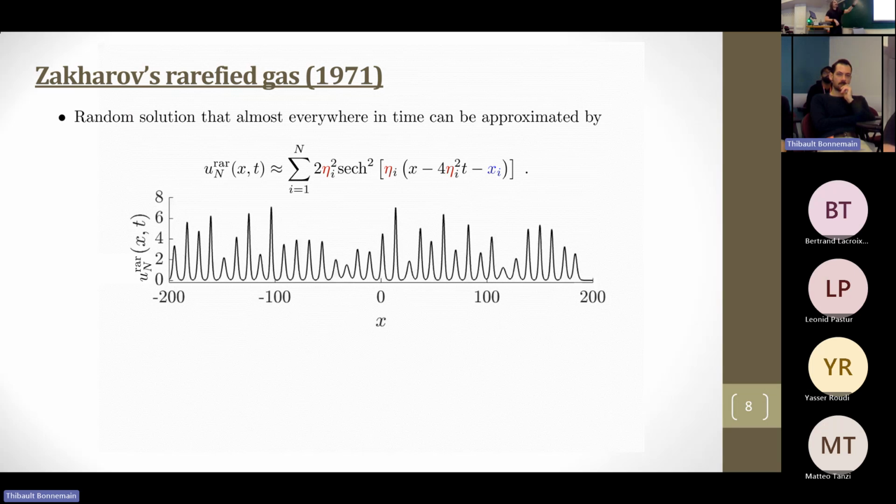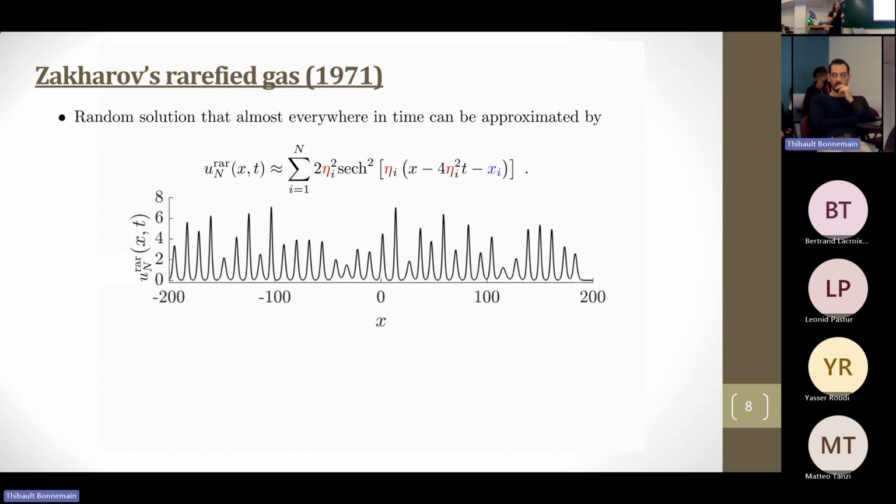Here you want this kind of n-soliton solution where the spectral and impact parameters are all distributed randomly. What's interesting with this kind of solution is that interactions are very localized in time, and they almost surely do not involve more than two solitons at a time.